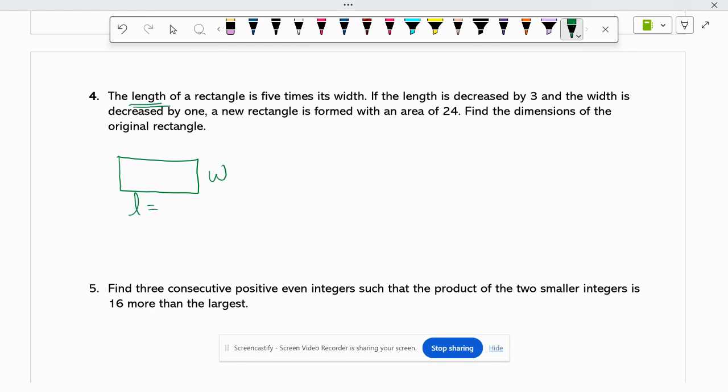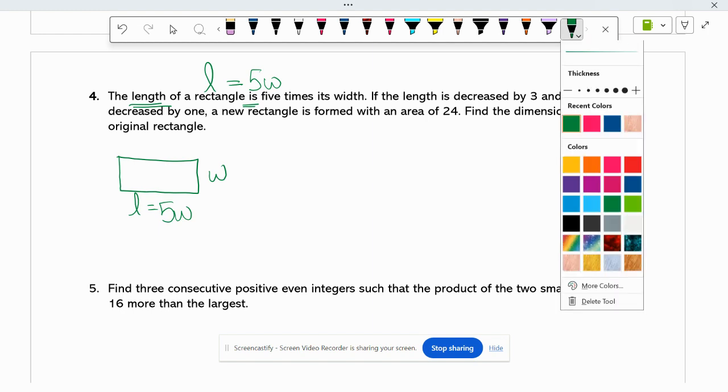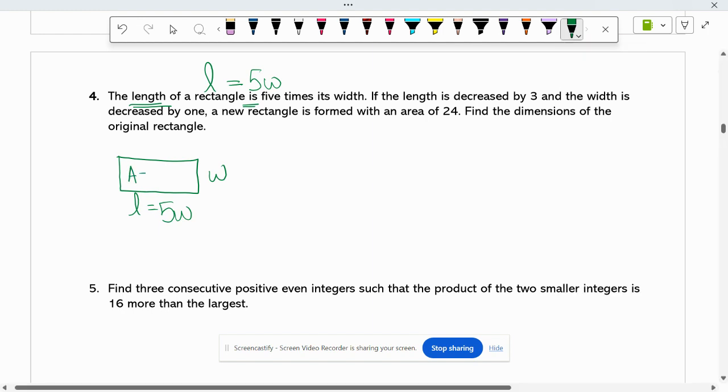So it says the length is, so L equals, how do I show 5 times its width? 5W, right? So W is just W, but L is 5W. Do you guys see that? Okay. So what is the area of this rectangle right now?